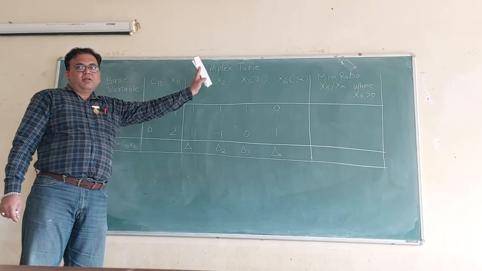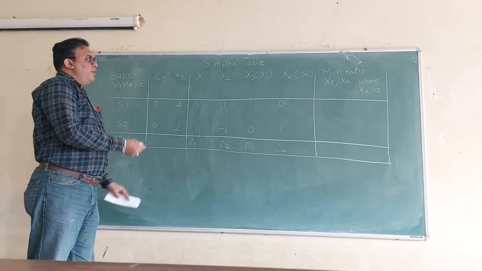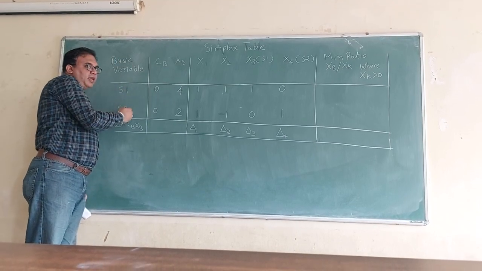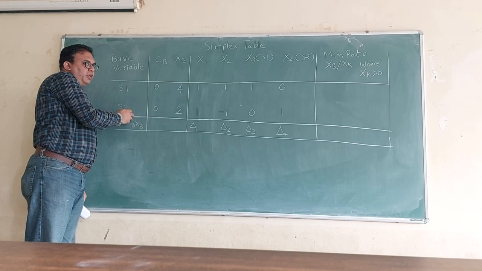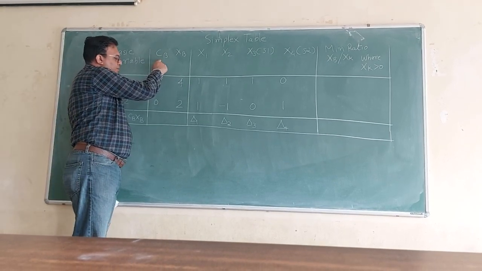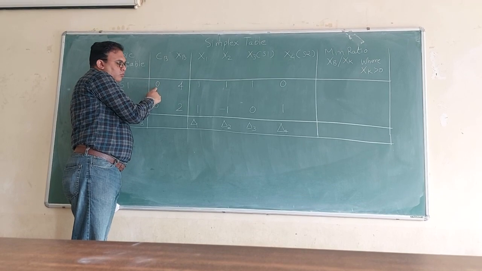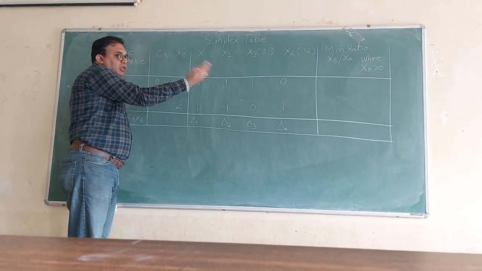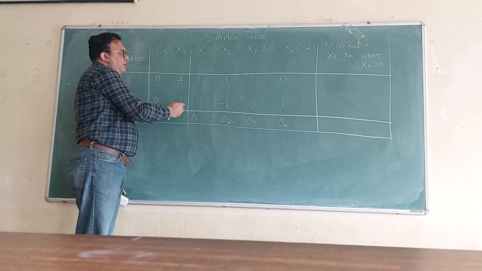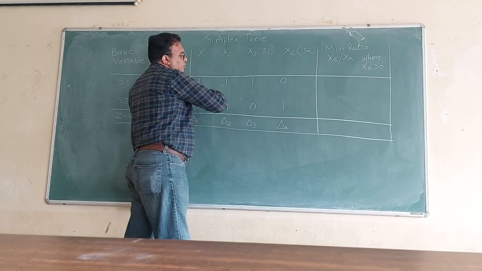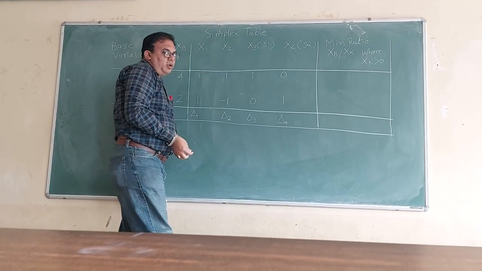Now the table, right? What we have done: the basic variables which we are adding as slack and surplus, s1 and s2, we are putting as basic variables. What is the value of CB? The initial value, we will start from 0, 0. XB means the right hand side of the matrix value, that is 4 and 2. x1, x2, x3, x4 are the 4 variables which we put in our matrix.